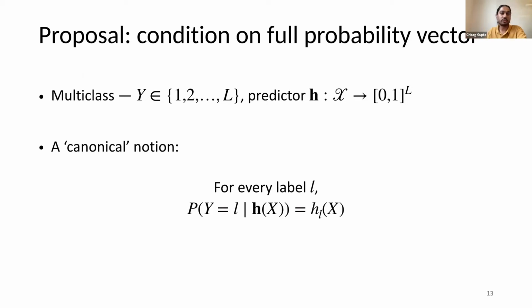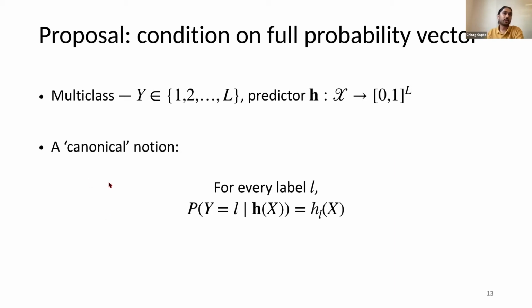The first proposal would be that you have this vector-valued predictor H, which takes values in the L-dimensional space, which is [0, 1] to the L. In particular, you can think of it as a probabilistic prediction over the L labels from 1 through L. These are non-negative scores that add up to 1. So it's the probability simplex in L dimensions.